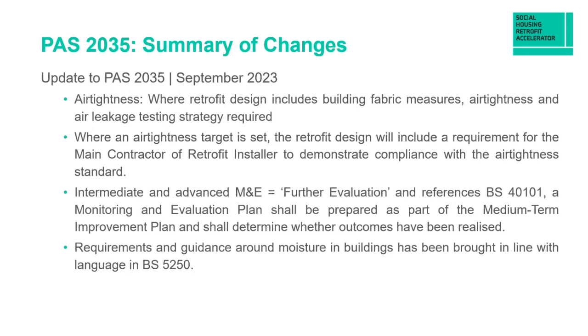There has been the introduction of some further evaluation for intermediate and advanced M&E works, and requirements and the guidance around moisture in buildings has been brought in line with the language in British Standard 5250. So that's really an overview and a summary of the PAS 2035 changes.